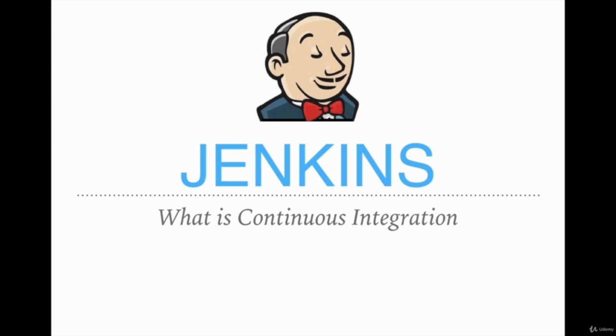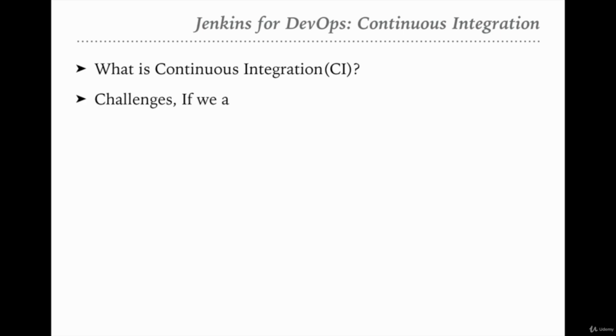So we will learn a few topics in this particular course. Very first, we will start with continuous integration, in short CI. So we will learn what is CI. Then we will move to the challenges if we are not using the CI process in our software development lifecycle.